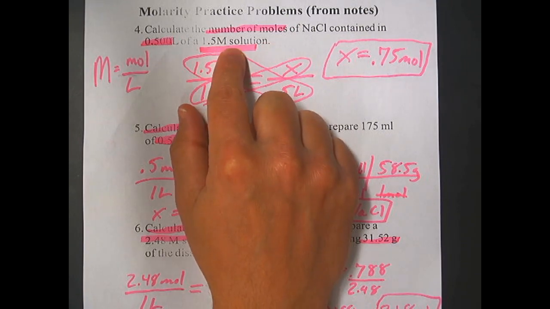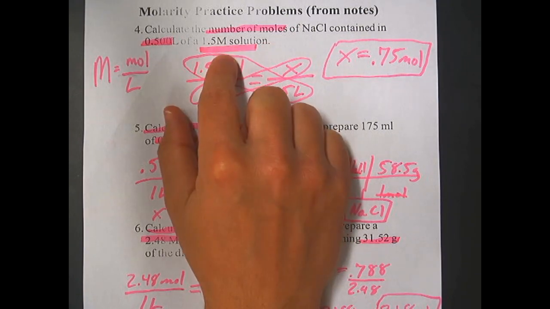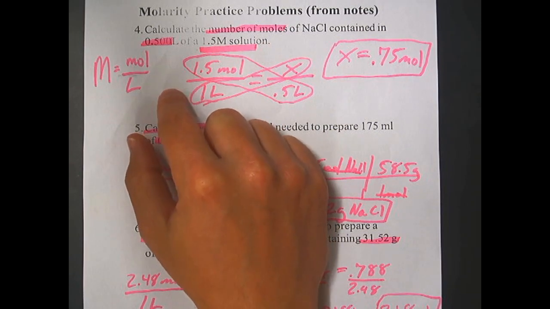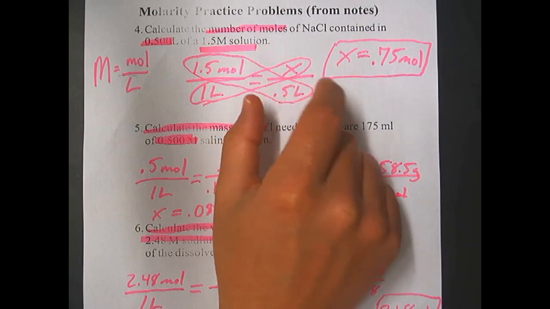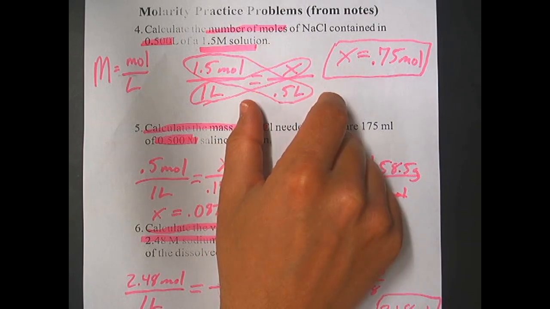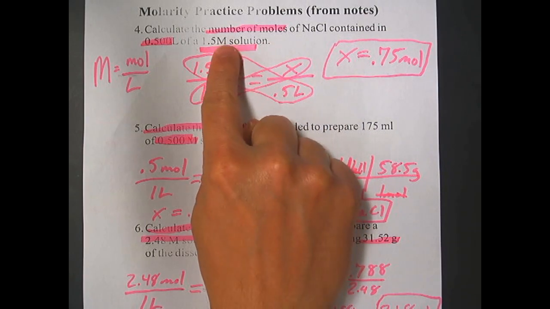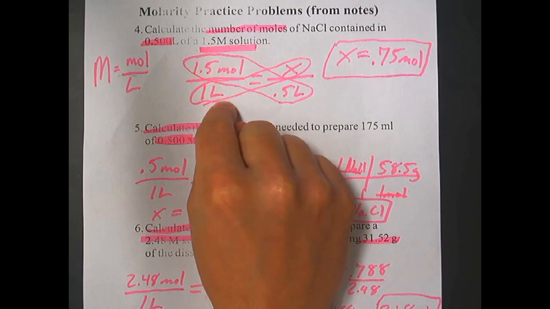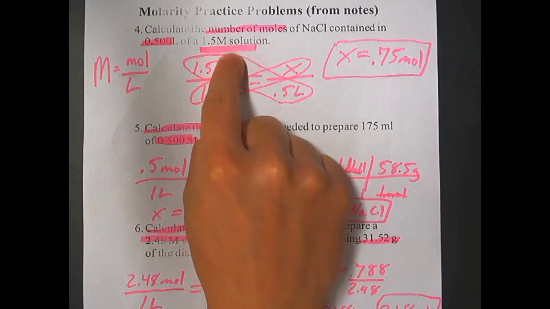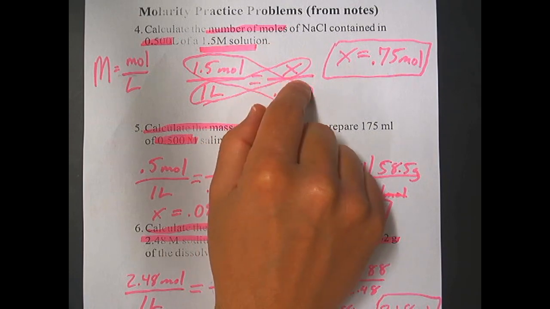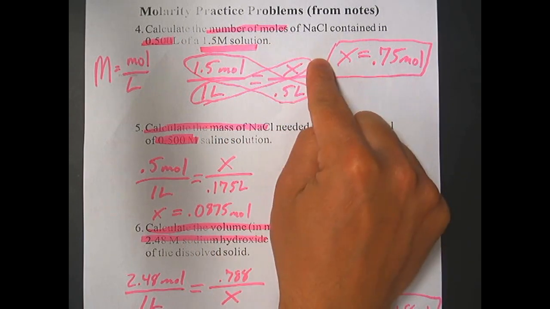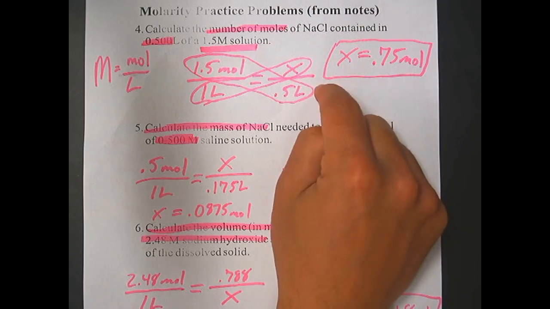Well, in those problems, you have to remember that molarity is simply a ratio and that we want to maintain that ratio in whatever parameters they give us for the question. So we take this molarity, convert it into a ratio. So 1.5 molar becomes 1.5 moles over 1 liter, set it equal to a second fraction, where we're either going to be solving for the number of moles or the volume, just depending on what the question gives us.